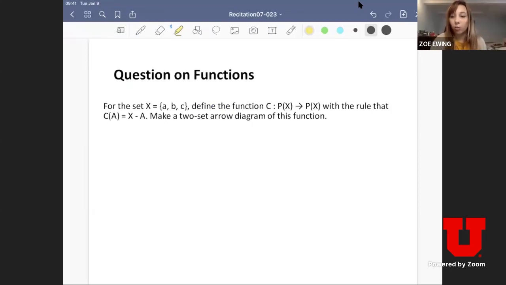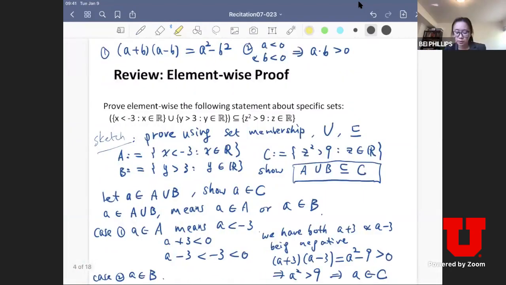Yes, go ahead. Why can we multiply the two numbers? Why can we, or why cannot? Why can we? Okay, so here is the initial thing, right?